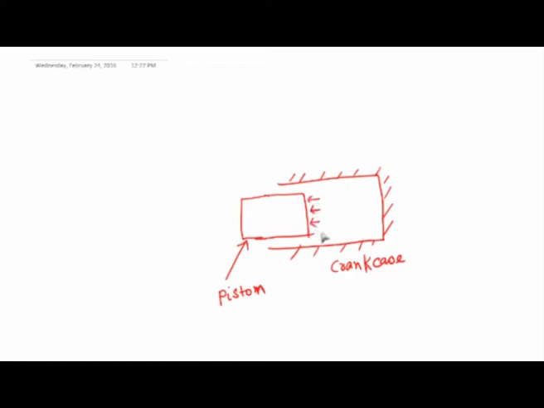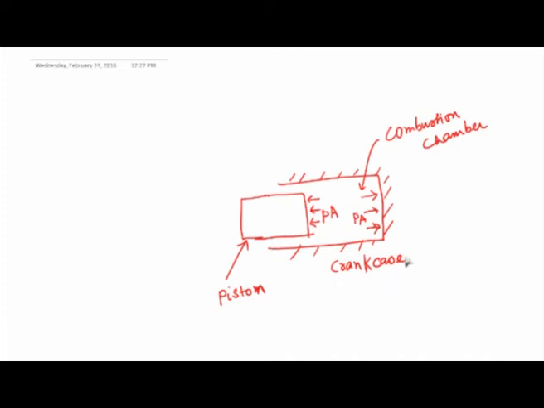This is the combustion chamber where the combustion is happening. The gas force is hitting the piston, but on the other side this gas force is also hitting the crankcase. So the crankcase is also getting the gas force, just like the piston is getting.